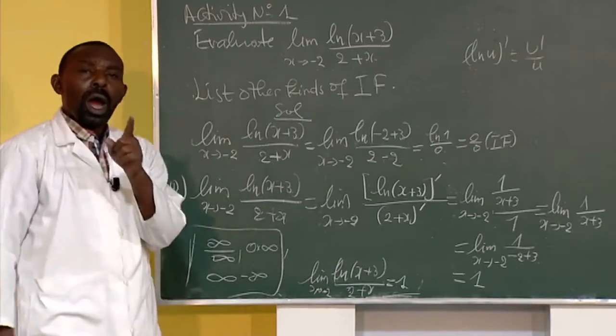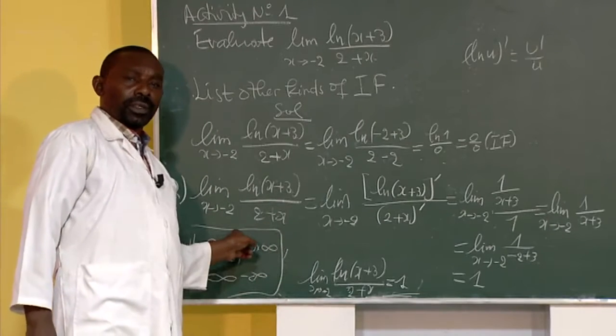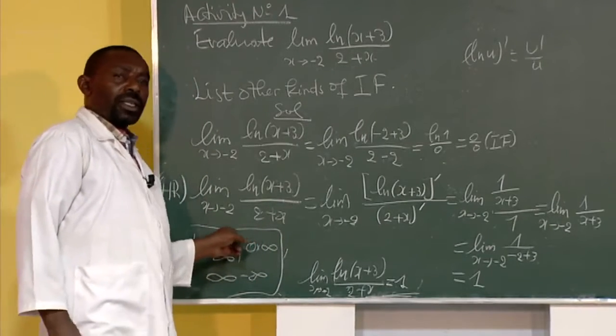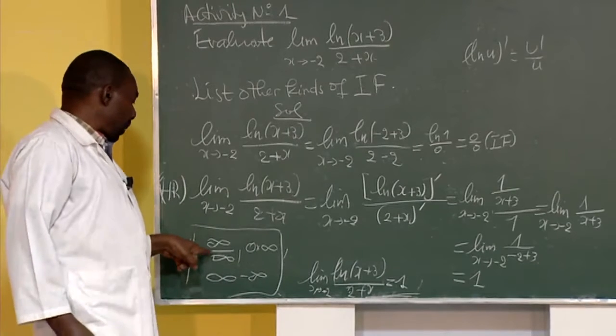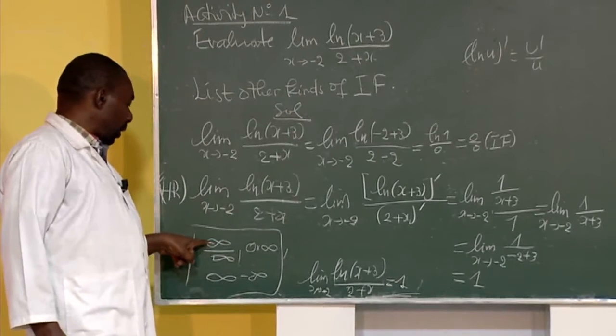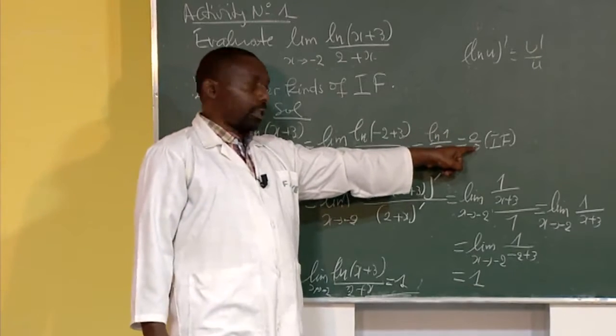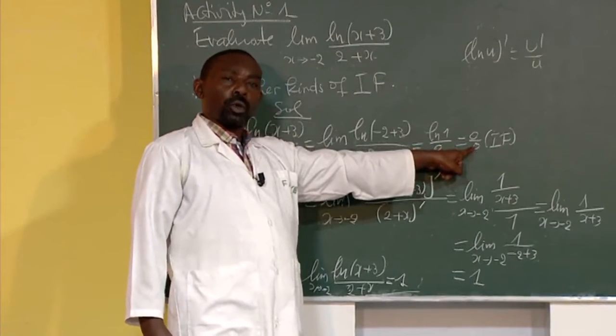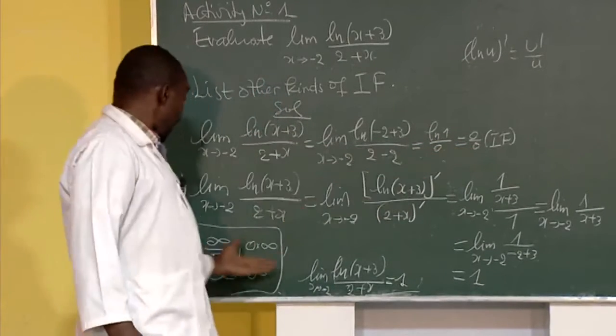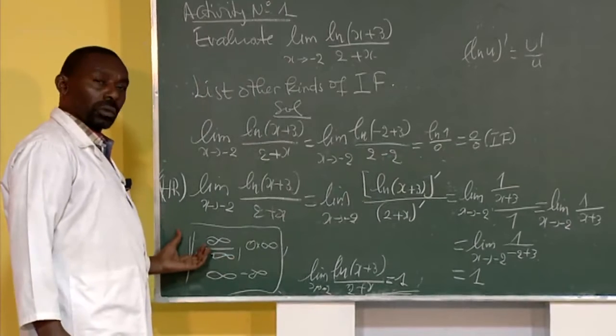And you know how to remove this kind of indetermination. When you have this kind of IF, especially infinity divided by infinity and 0 divided by 0, if you are not able to simplify, you apply the hospital rule.